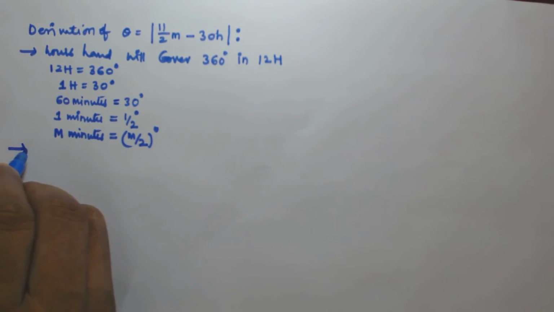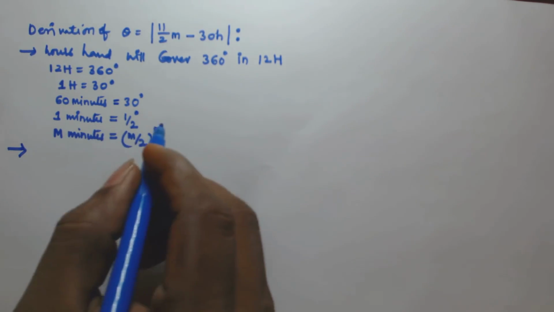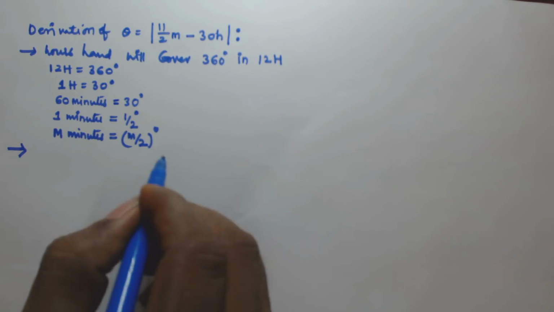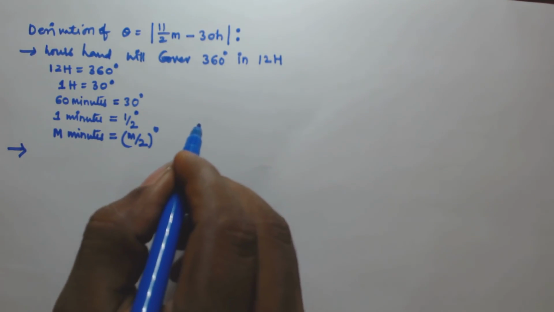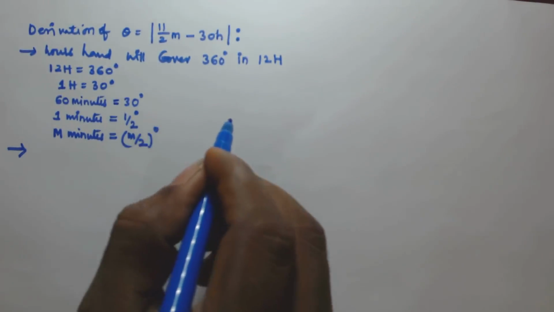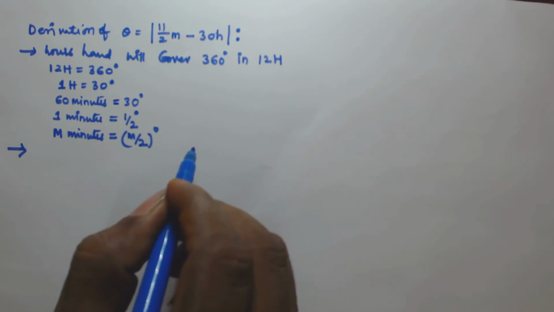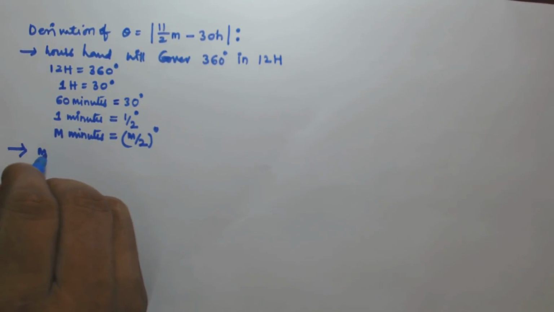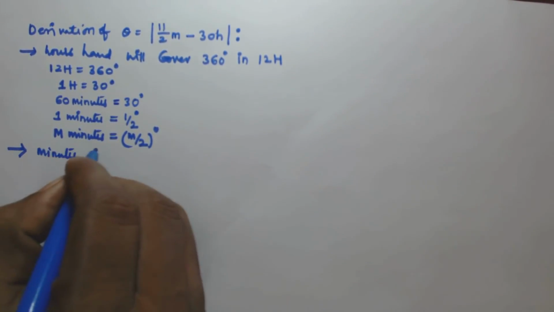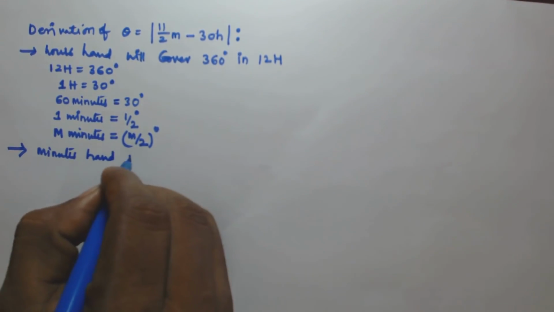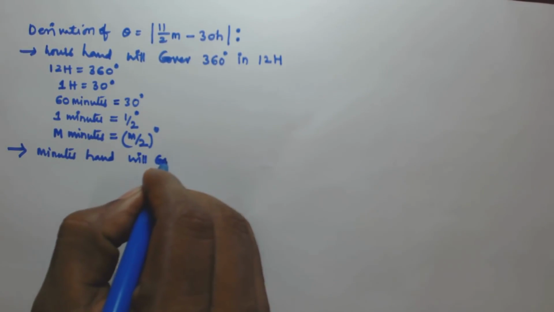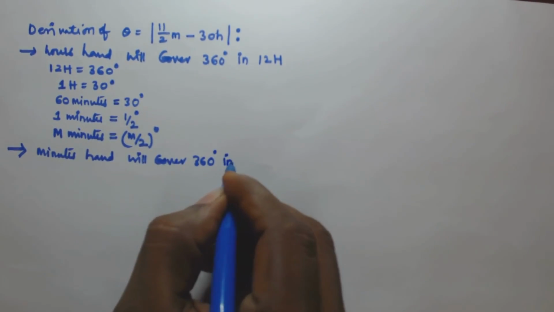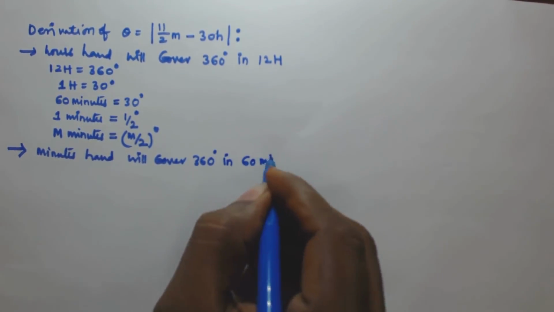Now in the clock, the minutes hand will make one round in 60 minutes. One circle is going to be 360 degrees. So the minutes hand will cover this 360 degrees in 60 minutes.